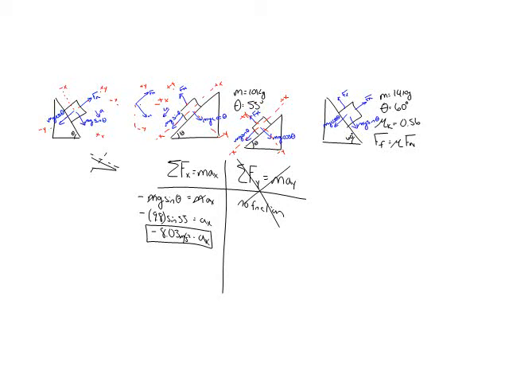And I'm just going to draw these axes on here. Yes. So we use friction because the problem states there's friction.